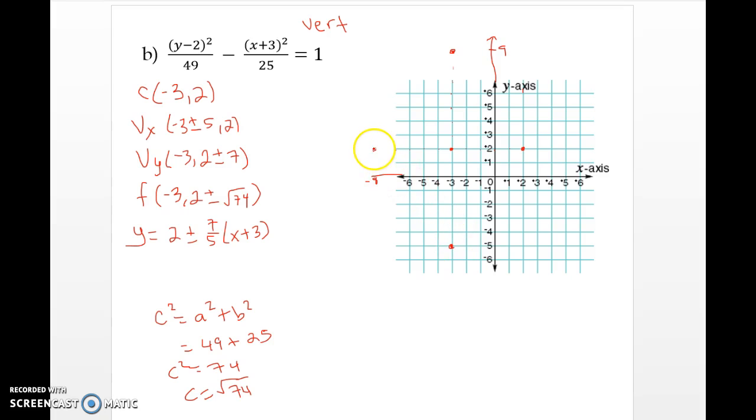I'm going to do box method because I like to do the box. And I'm going to go all the way across, all the way down to my next point, all the way across here, and back up. And from your center, we're going to make diagonal lines through the corners of the boxes.